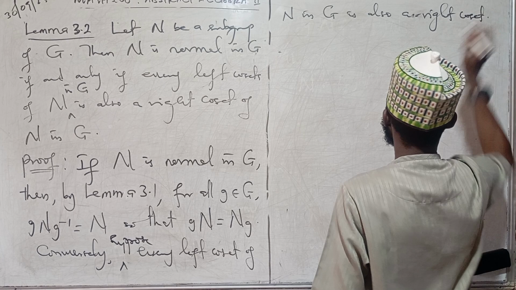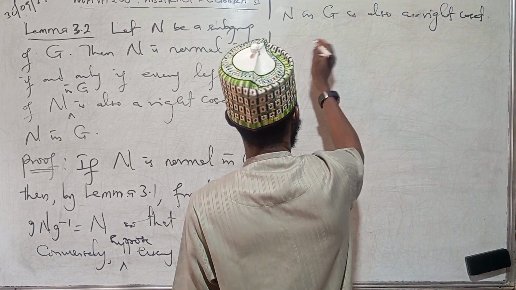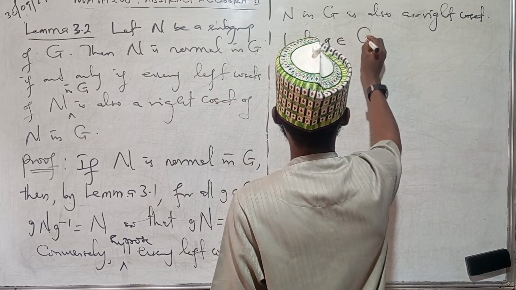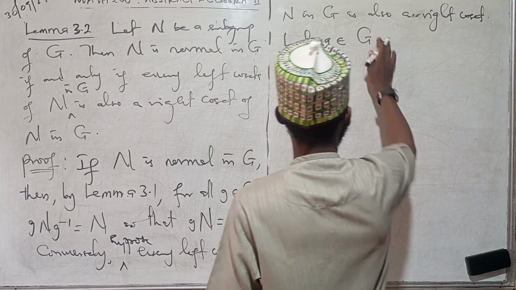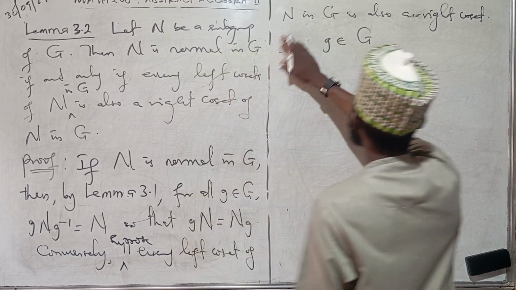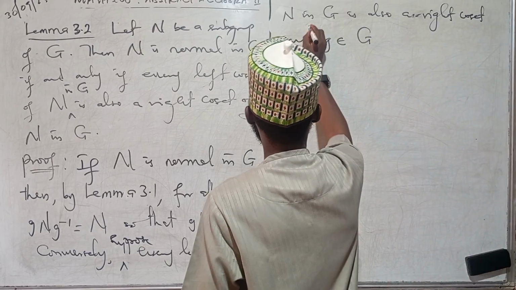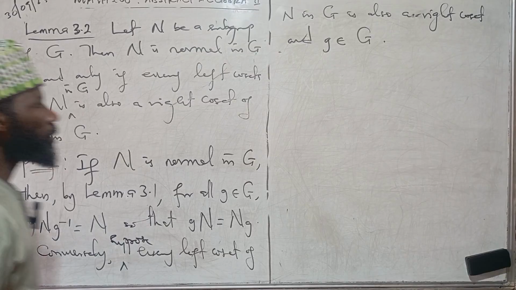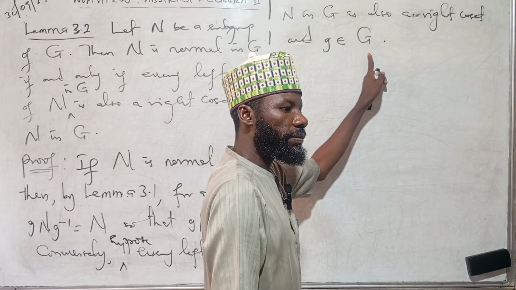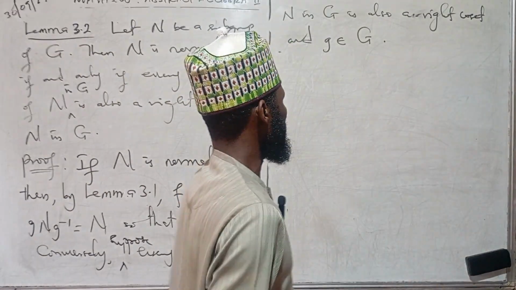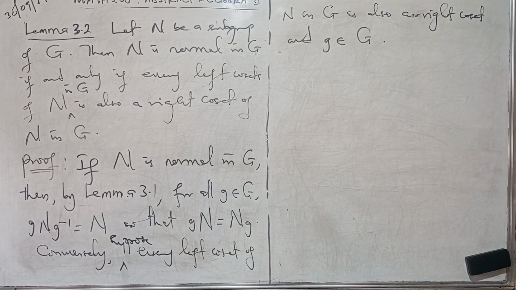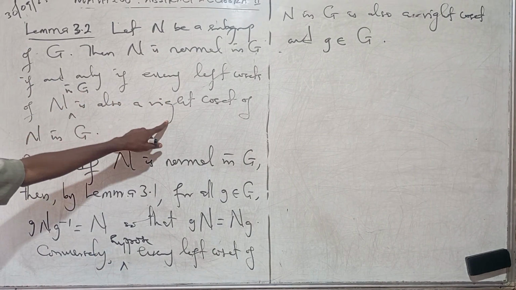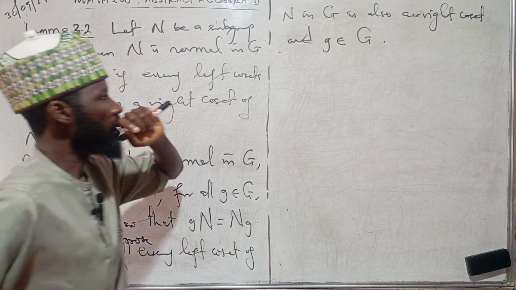Let g be an element of G. Then the left coset generated by g, well, since g is taken arbitrarily, we are taking an arbitrary left coset of N in G. So if every left coset is also a right coset, we want to show that N is normal.